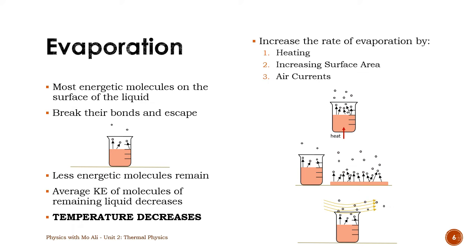Evaporation is the change in state from liquid to gas, but it happens at any temperature. I don't care what temperature the liquid is at, as long as it's not boiling. At any temperature below the boiling point of a substance, the liquid can still change into a gas. That process is called evaporation.